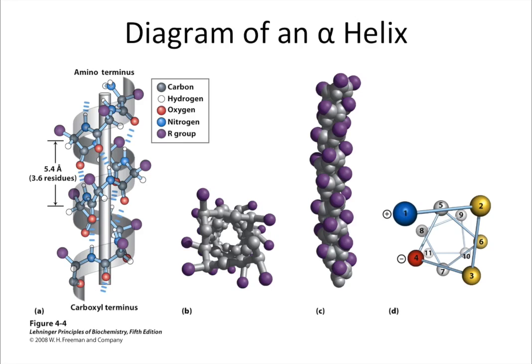Now, in general, certain amino acids promote alpha helix formation, and there are others that prevent it. Alanine is a good example of a molecule that fosters the formation of alpha helices. But proline and glycine, on the other hand, strongly deter alpha helix formation.